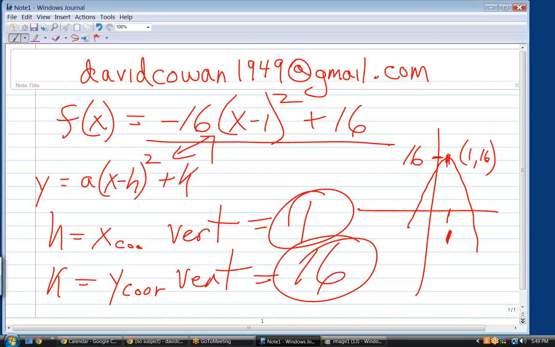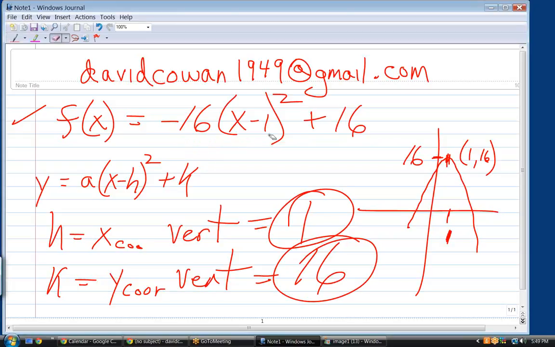So that makes sense. What you always need to do to solve these kinds of problems is figure out what the coordinates of the vertex are. And this was particularly easy because they gave us the function in perfect vertex format. They didn't give it to us as a quadratic x squared minus 2x and so forth, which would have required a lot of work to find the vertex.